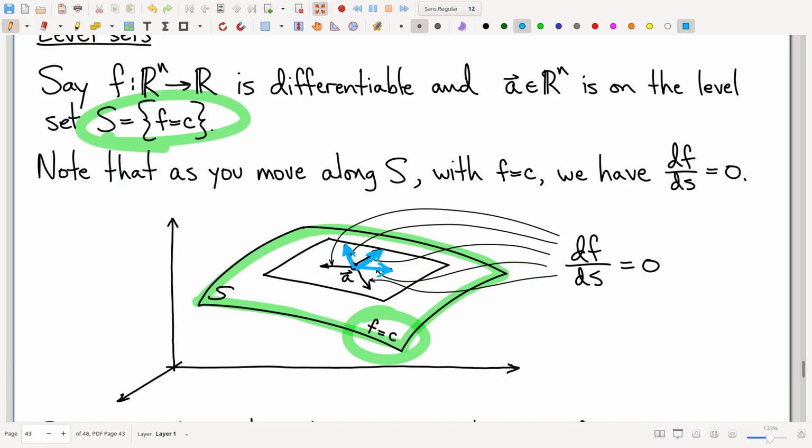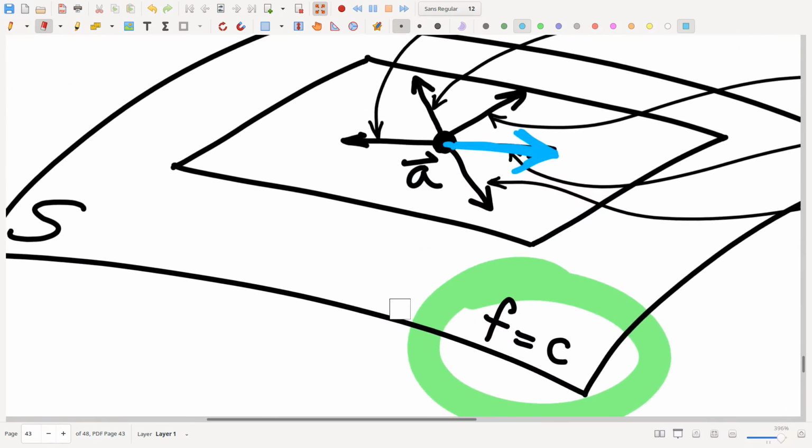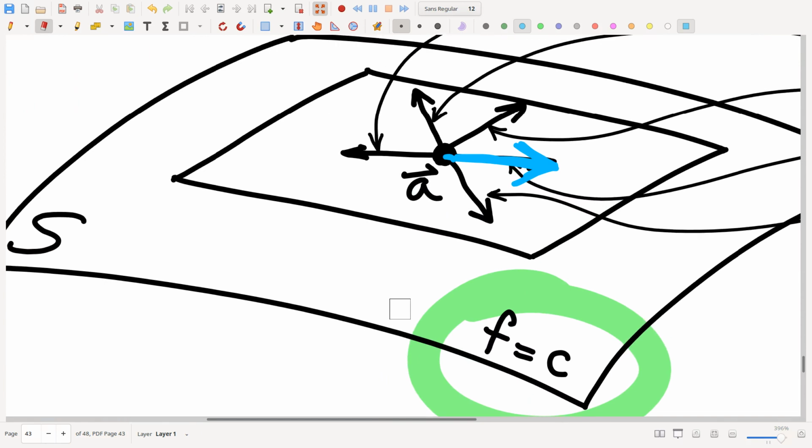In particular, as I move in the direction of any one of these tangent vectors, let me just pick one, and I'm going to zoom so I can draw better. Okay, so there's my tangent vector. I am actually moving, therefore, along the set itself.